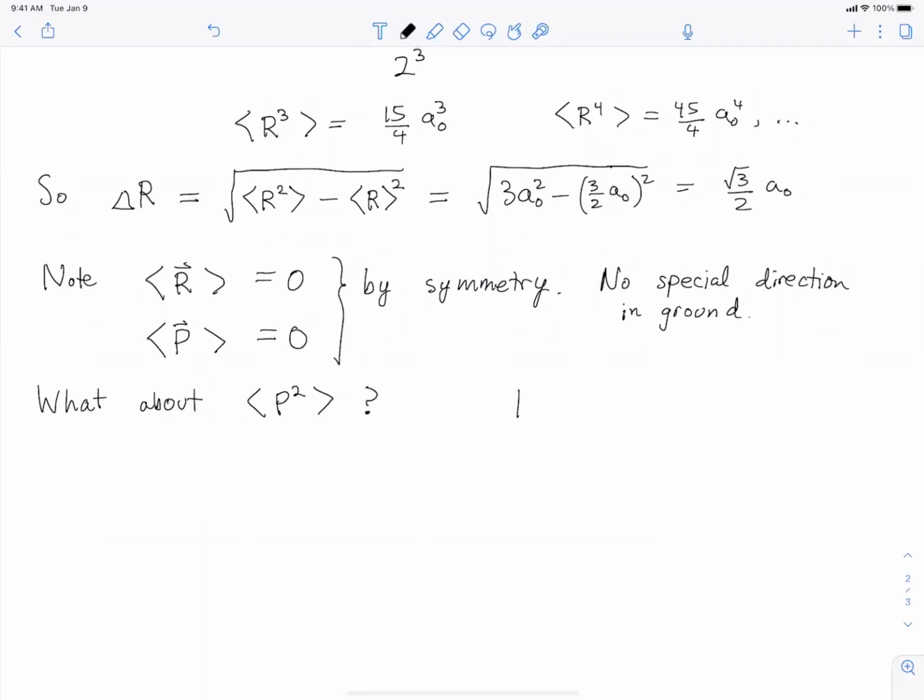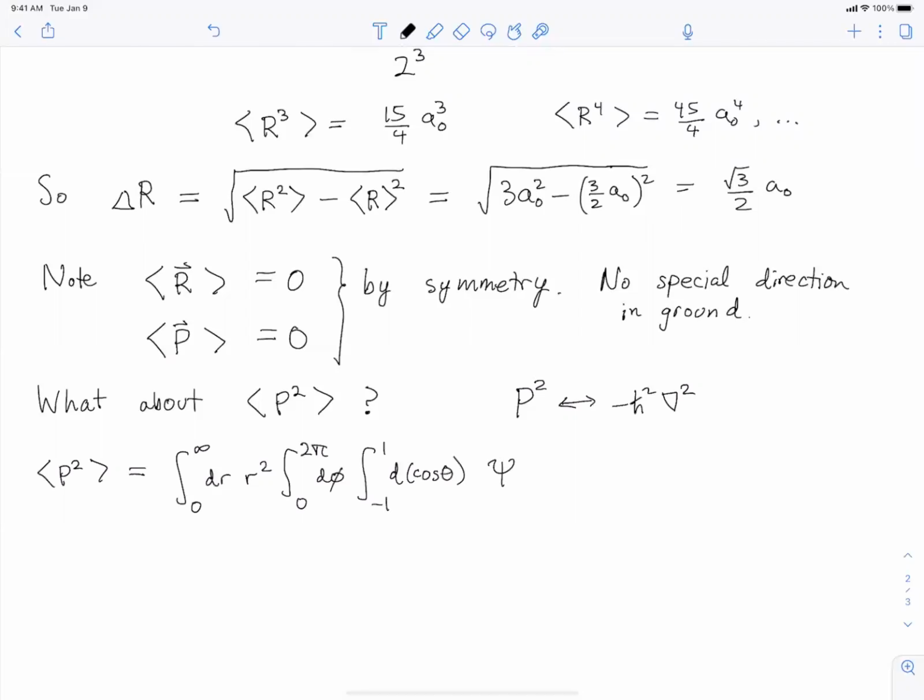So remember, in the position representation, p squared is represented by minus h bar squared Laplacian squared. So that means expectation value of p squared is, we're going to integrate over all positions. Again, remember, when you integrate over the radial coordinate, there's the r squared factor. Don't make the common mistake of forgetting that. And then there's the integral over angle, d phi, and the integral over cosine theta from -1 to 1.